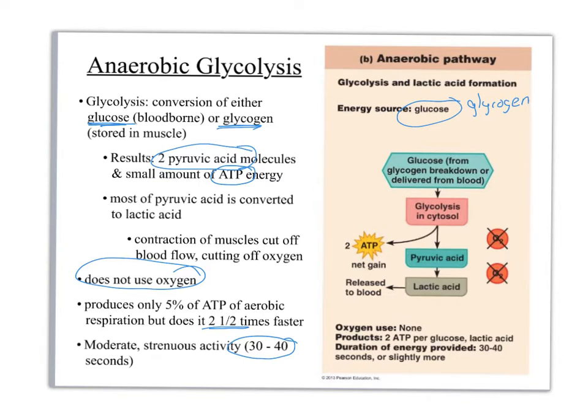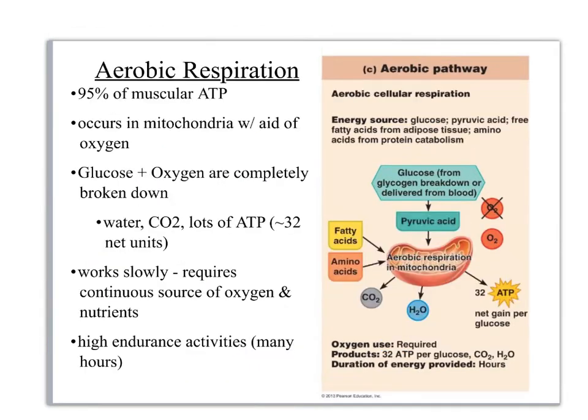You're going to break down, and be very, very happy I've taken out all the steps with this picture, the glucose. You're going to go through the glycolytic pathway. You're going to get 2 ATP, and you're going to get the byproduct of pyruvate, and you're good. Again, no oxygen.